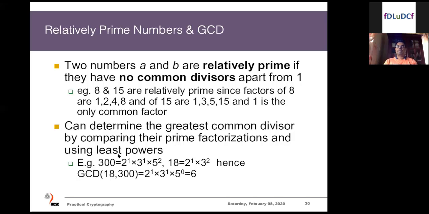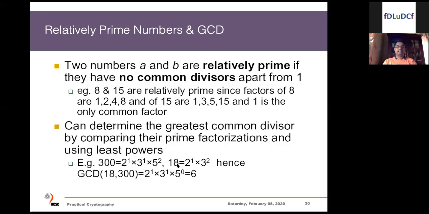Relatively prime numbers are numbers which don't have common factors. If there are two numbers that don't have a common factor, we call them relatively prime numbers. For example, 2, 3, 5 are the prime factors of 300.